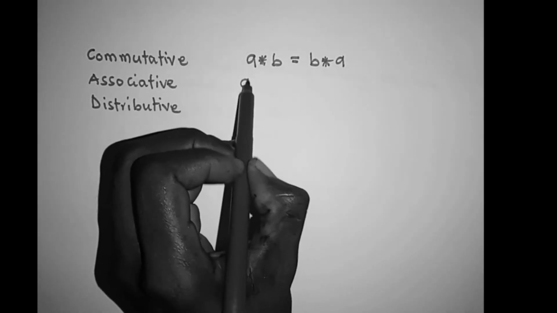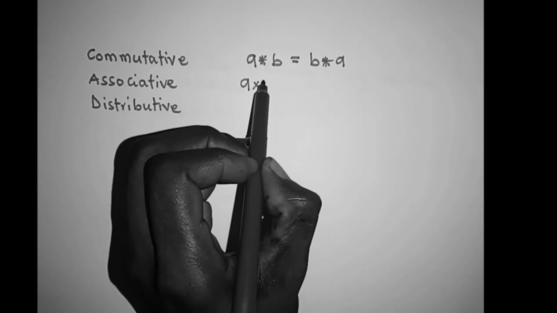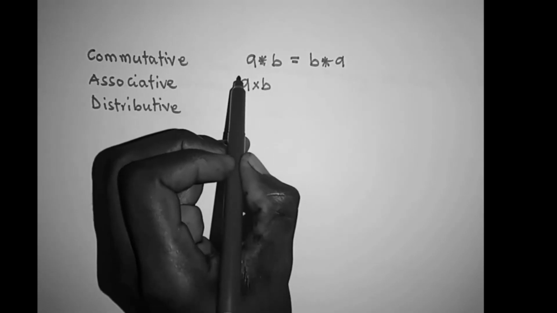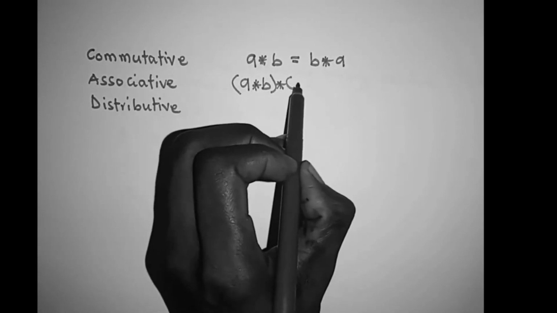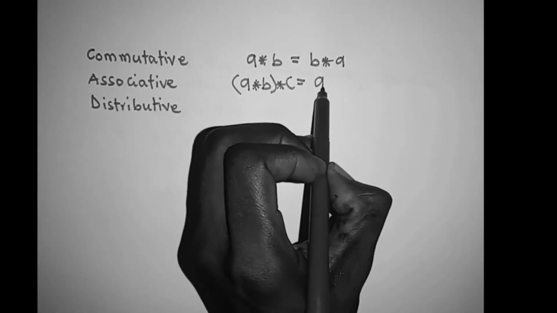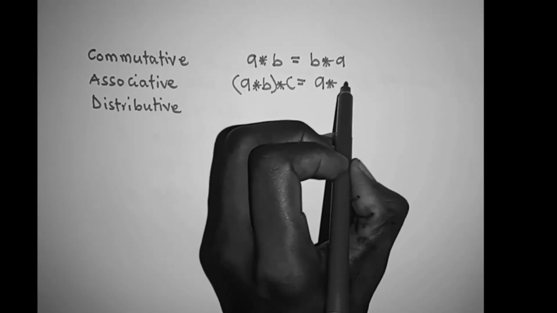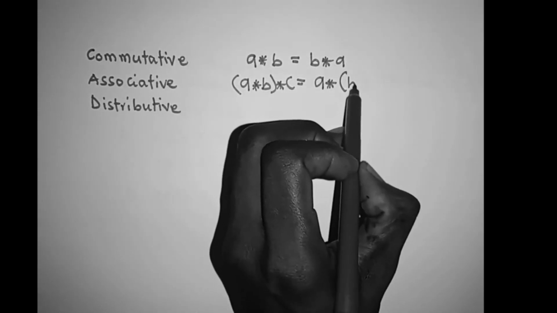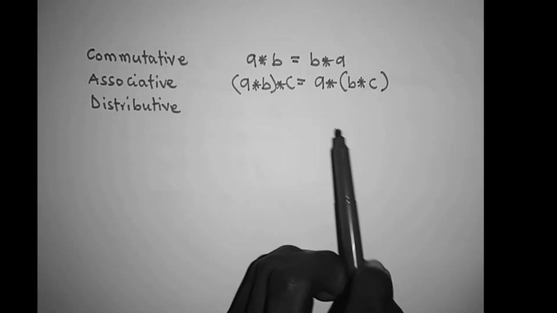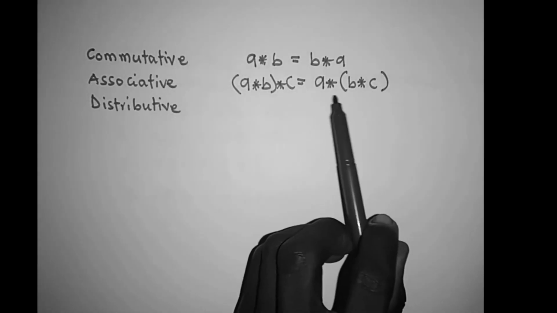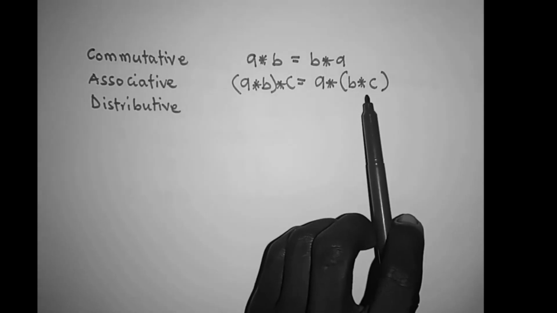For example, A operation B, operation C is the same as A operation, B operation C. So this is how the rule of the associative goes.